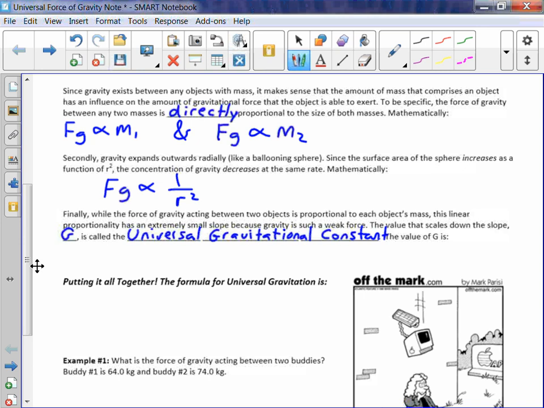This is not really important, but shouldn't 1/r² be r to the -2? Yeah, sure, it's the same. Good call.